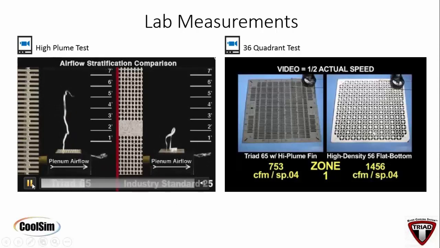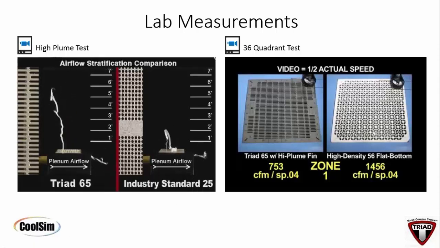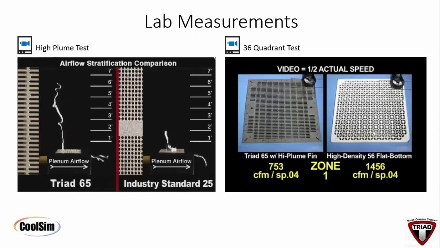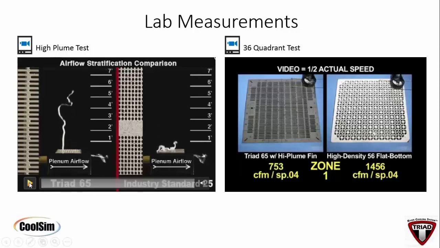Since we have more cold air than we need, we started looking at what's happening as the air flows out of the airflow panels. The one on the left is one of the Triad Ice panels, and the one on the right in that first video with the streamers is a standard 25% perforated design that's pretty common.